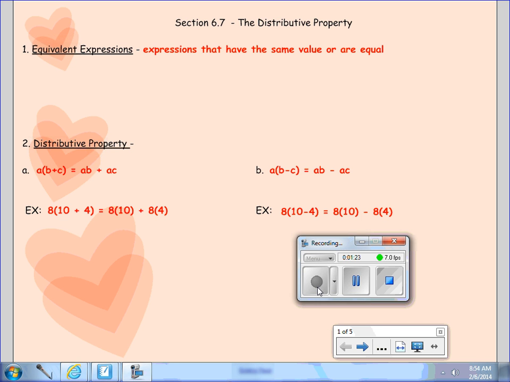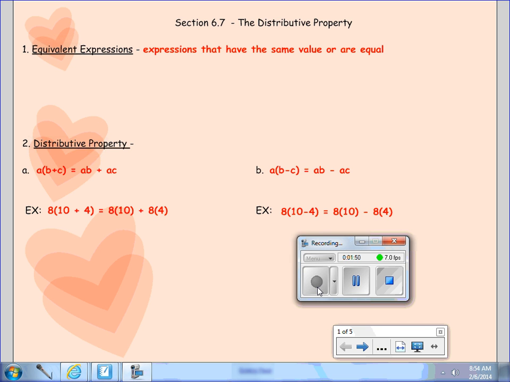And when we put numbers in for each of these, in our first example for 2a, the 8 is being distributed to everything inside the parentheses. So 8 times (10 + 4) is equal to 8 times 10 plus 8 times 4. In the 2b example, 8 times (10 - 4) is equal to 8 times 10 minus 8 times 4.